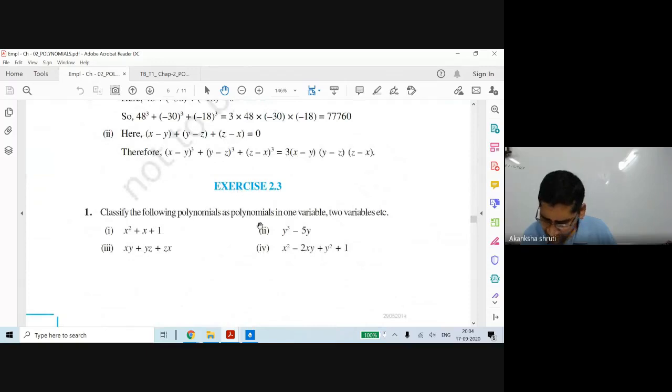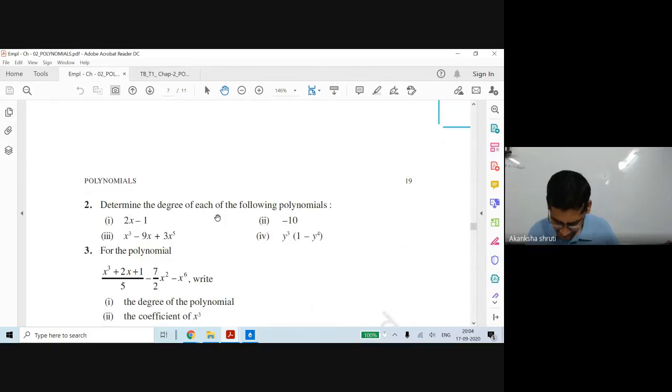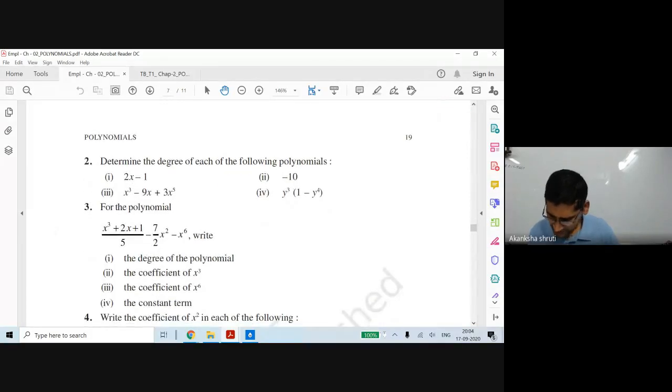And classify the following polynomial in 1 variable, 2 variable, 3 variable. Students, how many types of variable, that I have also explained? Only x is 1 variable, x and y is 2 variable, if x, y, z are present, then it is 3 variable. So 1.3, determine degree, you can do it for the polynomial.